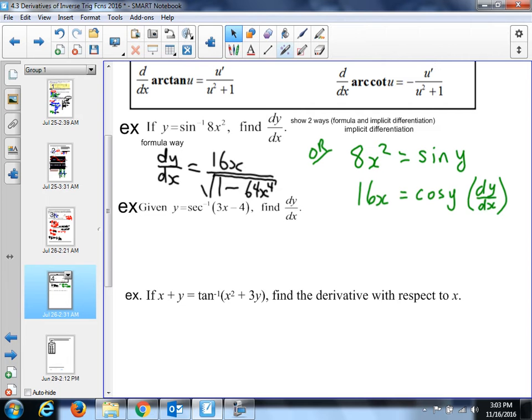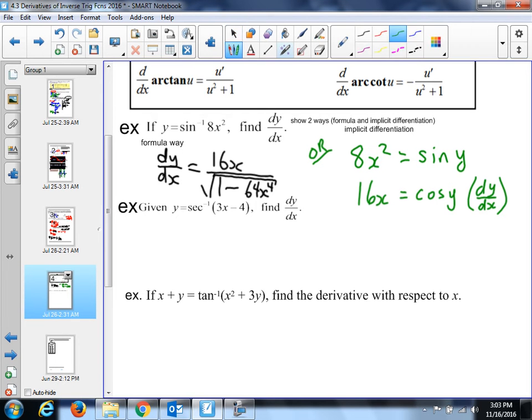And then you think, what the devil? What do we know from the Pythagorean theorem? Whenever you do this, you've got to have the Pythagorean theorem in your head. It's the square root of 1 minus sine squared, right? Okay.